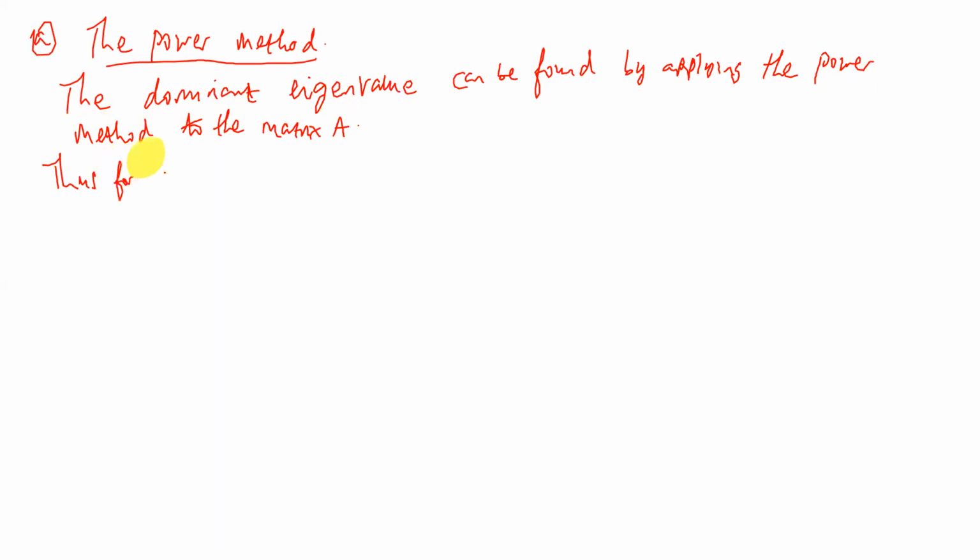Thus, for AX = lambda X. What is the matrix A? It is 4, 9, 2, minus 3, 0, 2.